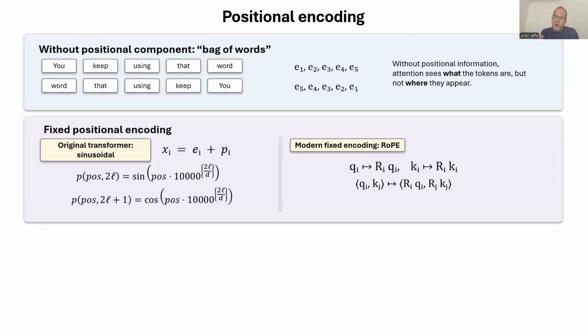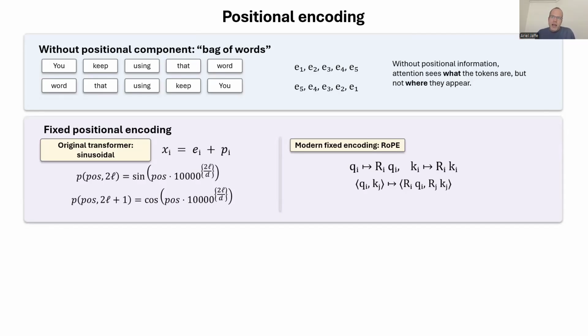Essentially, we have the original embedding E_i, and we add an element P_i. P_i is for positional, and it is computed as a sine or cosine function, depending on which element within P_i we discuss.